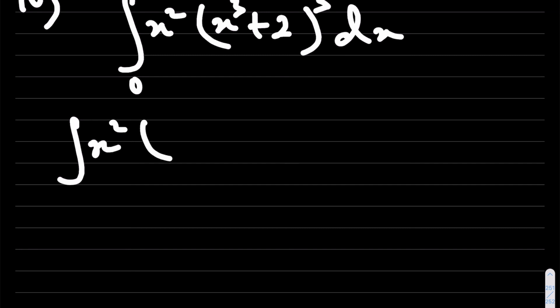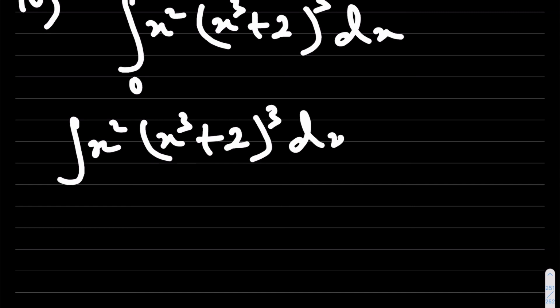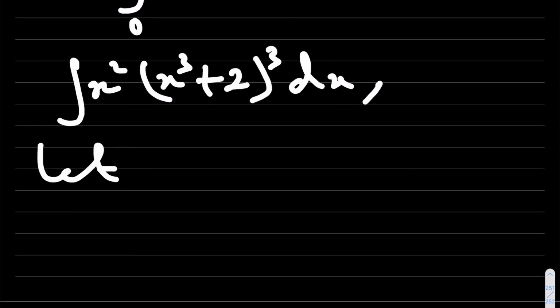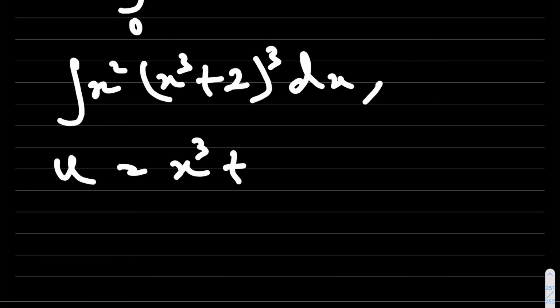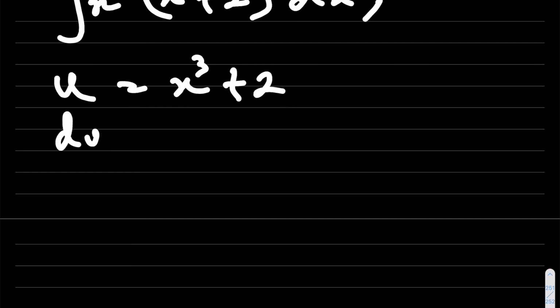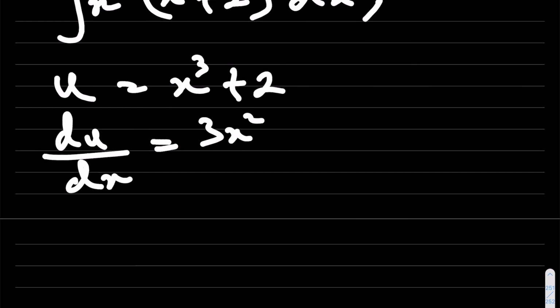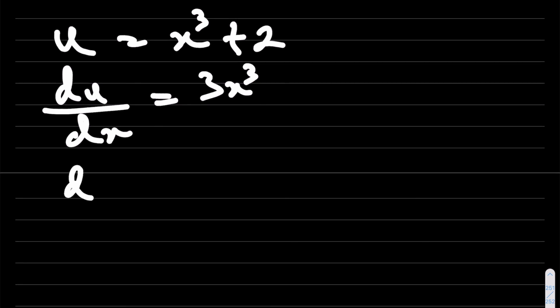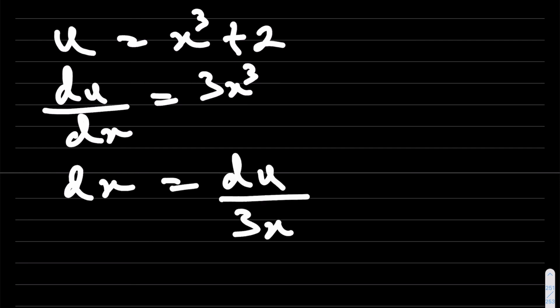The integral of x squared into brackets x cubed plus 2 raised to power 3 dx. To do this, I'm going to say let u be equal to x cubed plus 2. That simply means du dx will be equal to 3x squared, and dx will be equal to du all over 3x squared.